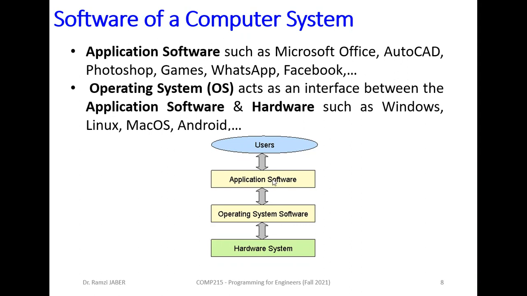You tell it, I want this or this or this, then this application will be bridged to the hardware via the operating system software. So the operating system software acts as an interface between the application programs, games, and so on, and the hardware components. Okay, this is clear.